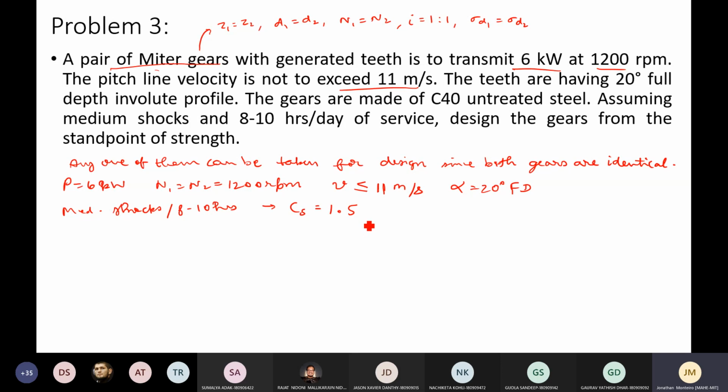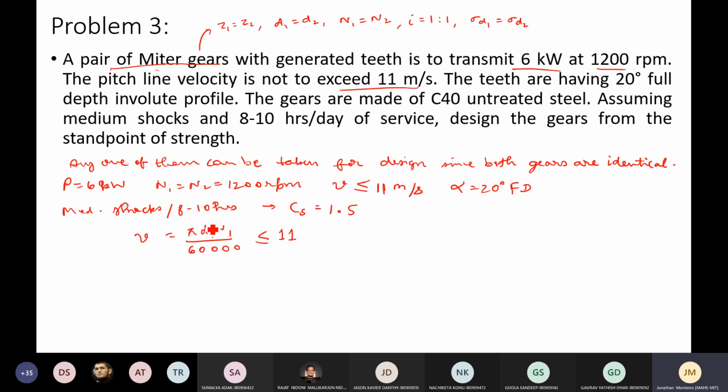Now, with this, here we know that pitch line velocity is not to exceed 11 meters per second. What is the actual formula of V? You know that V is equal to pi d1 n1 by 60,000, should be lesser than or equal to 11 meters per second. What is the unknown here?